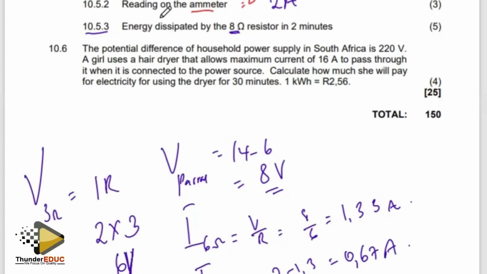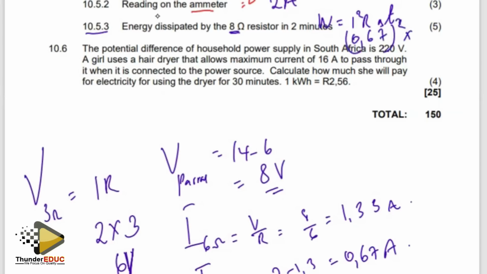Then what we can do, because I wanted to use the current part, then we can go to the formula for work. Okay, we know that W should be given as I squared R multiplied by T. Alternatively, you can use the voltage one. There's no problem with that. So if the current is 0,67, I'm squaring this.